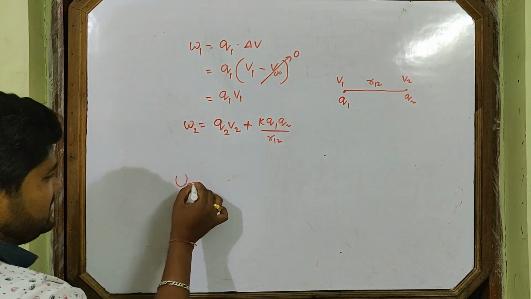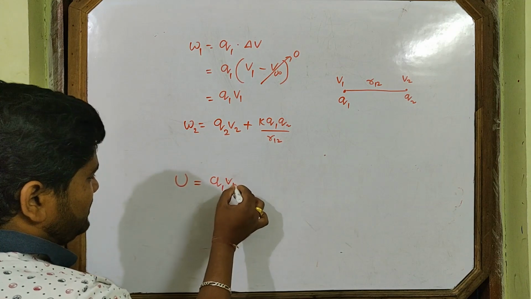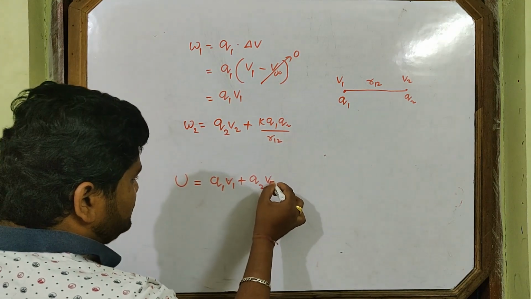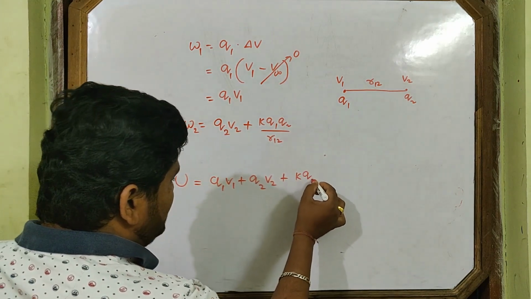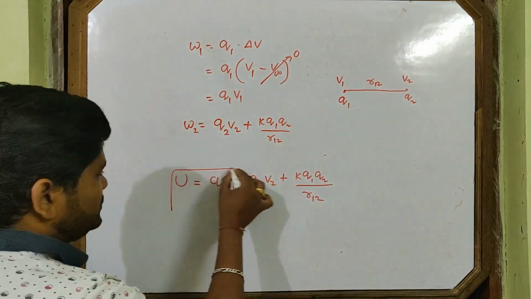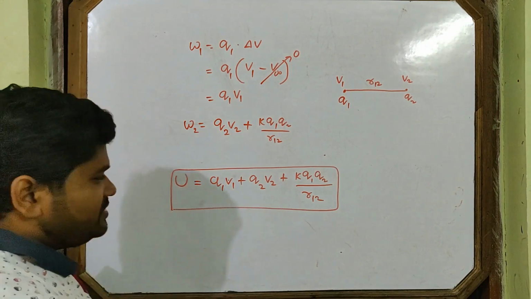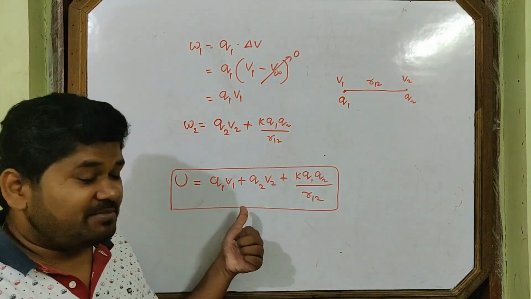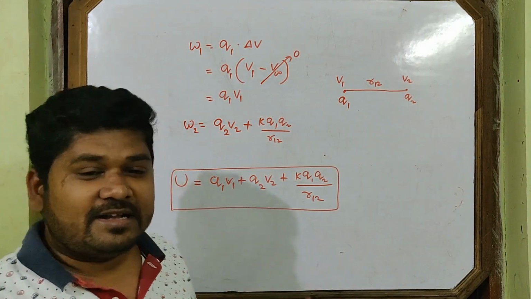So what is the potential energy of the system? Q1 V1 plus Q2 V2 plus K Q1 Q2 by R12. So this is the potential energy of two particle system in external electric field.